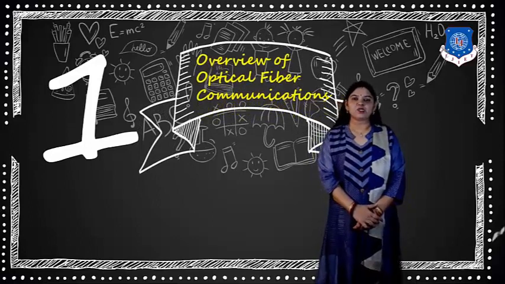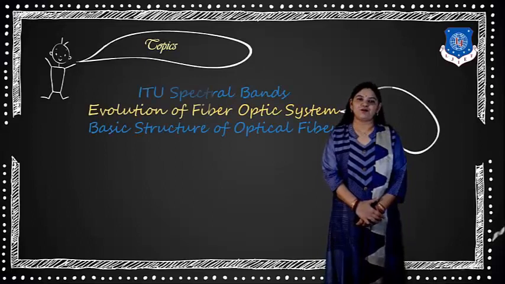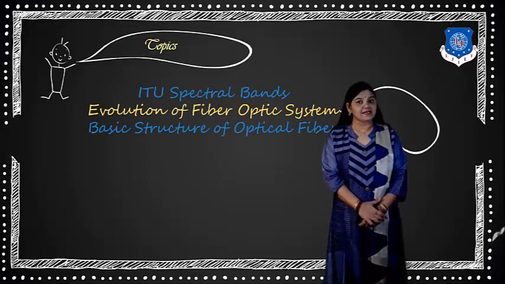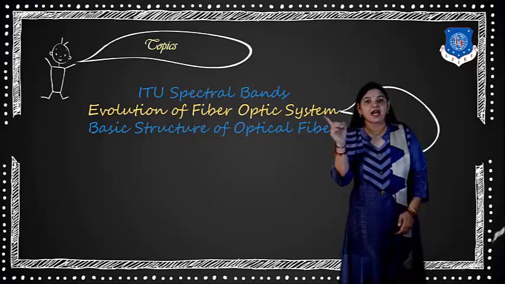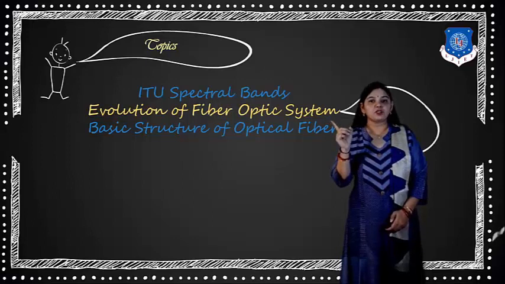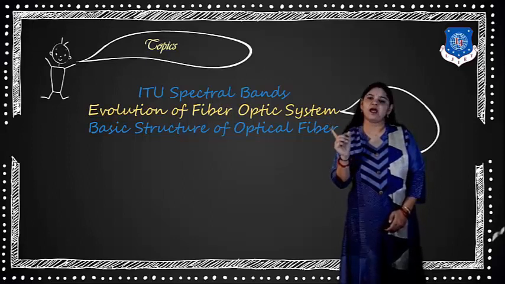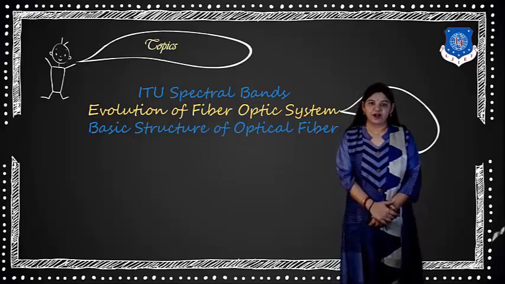We are going to start with the overview of optical fiber communication, and in this video you will learn about the ITU spectral bands, the evolution of the fiber optic system, and the basic structure of optical fiber.